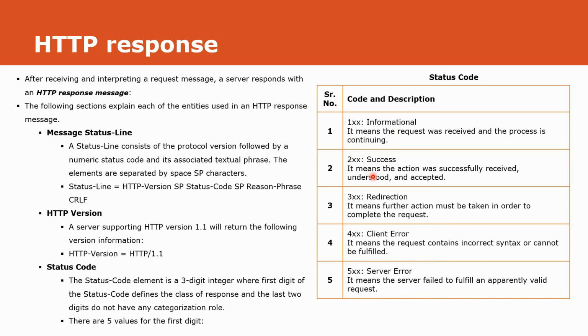If your data is successfully passed to the server, then a success message is provided. It starts with 2. If your page redirects to another page, a third-party page, then it uses redirection and it starts with 3.